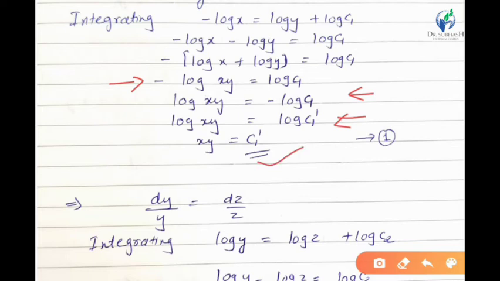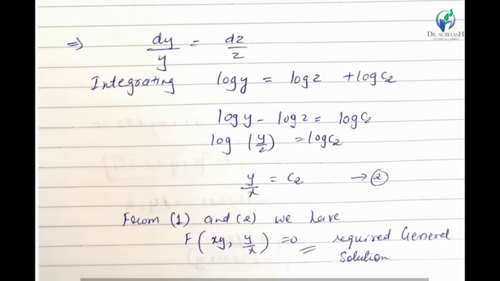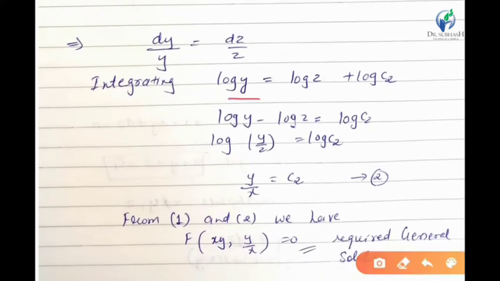Now for the second solution, I am taking here dy upon y equal to dz upon z. You can also take first term and third term. Here we can integrate it easily. So 1 upon y is log y and 1 upon z is log z. Taking some constant log c2.